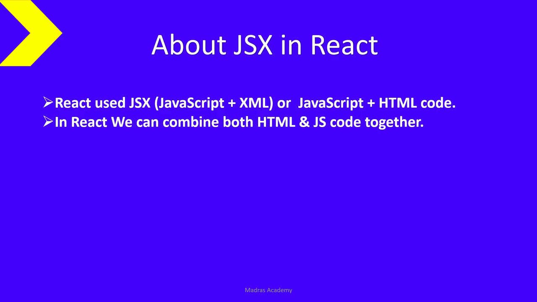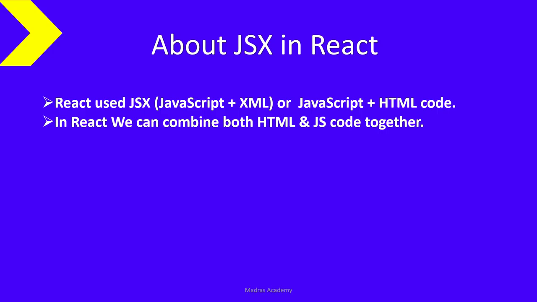Once you write the code using JSX, the browser will not be able to understand this language. Probably in Python also, if you write any code, the browser will not understand, right? In Django we write Python, but the browser will not understand, right? So we have some translation for those languages.